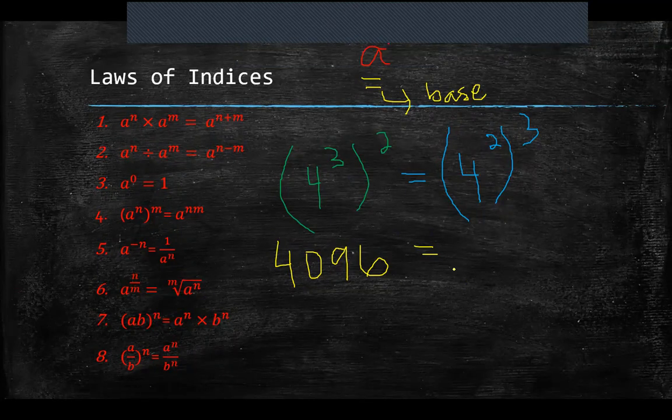I advise you to check it now so you see for yourself that it is actually true. 4 to the power of 3, so 4 cubed, and this answer that I get, square it, I get this. And I'm telling you that this is the same as this. I can switch these numbers if I wanted to. So 4 squared, which is 16, and then 16 cubed would also give me 4,096.